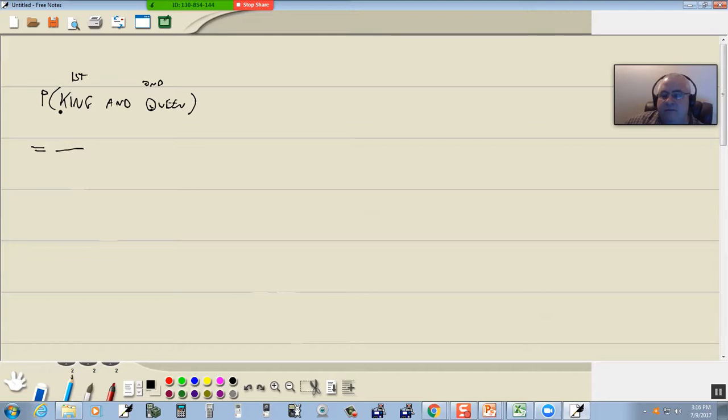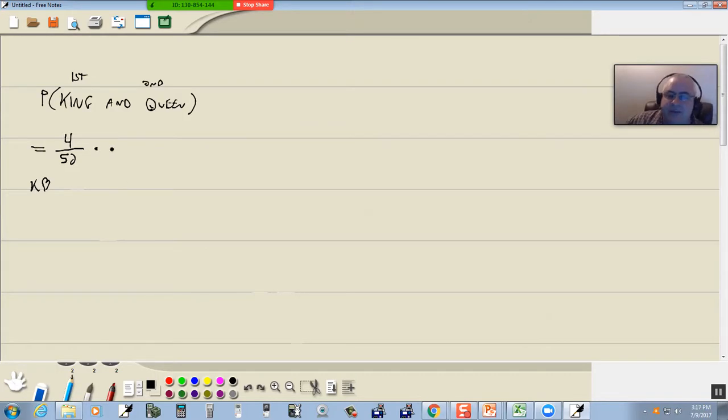Well, if we look at our first card, we said it's going to be a king. So it's 52 cards, and 4 of them are kings. Now I visualize this. I visualize a specific example. That specific example is not actually part of the problem, but it helps me to think about the setup. Let's say I pulled out the King of Hearts. So I have the King of Hearts sitting here over on the side.